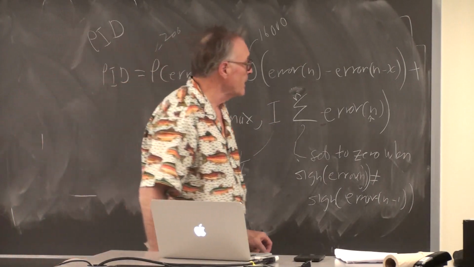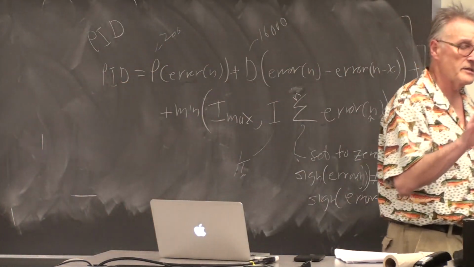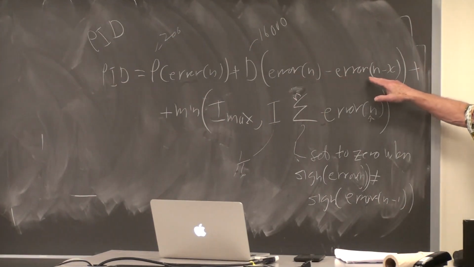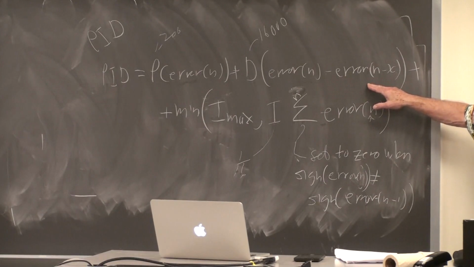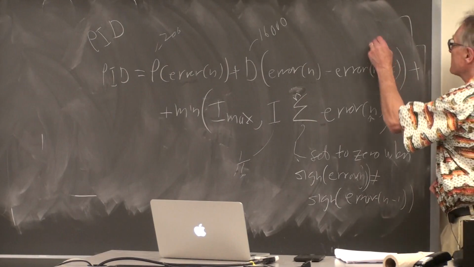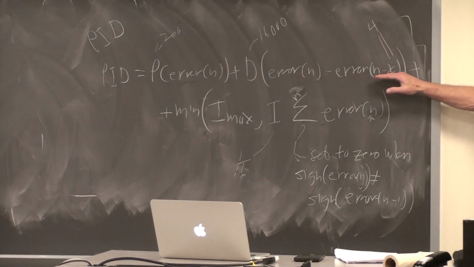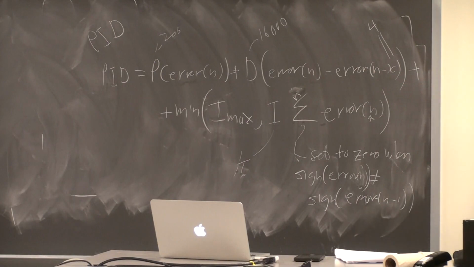Oh, by the way, because the sensor is noisy and because taking derivatives amplifies the error relative to the value, I chose X to be 4. I actually compared samples that were 4 samples apart rather than adjacent samples because that gave a little bit bigger difference, and so the difference tended to outweigh the noise.